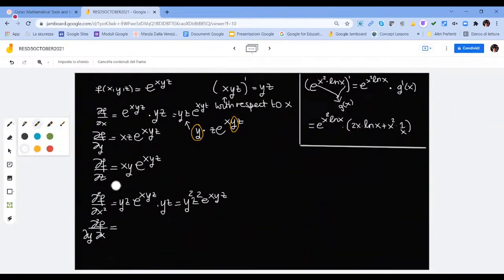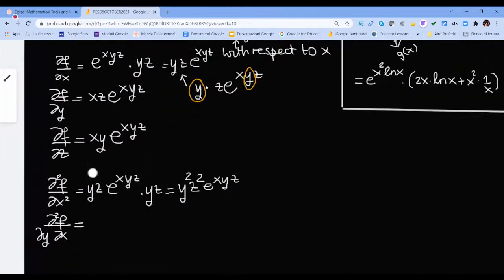So then you will have the derivative of y, that is 1, with everything else as it is, plus y as it is times the derivative of this second piece, and this one will be everything as it is multiplied by the derivative with respect to y, that is xz.